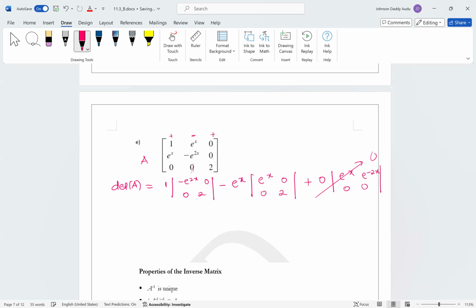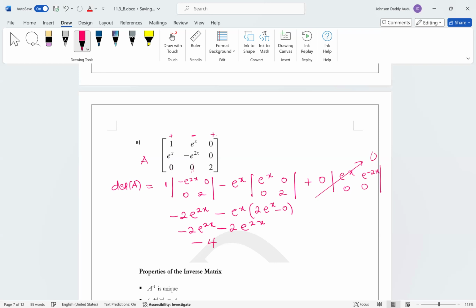Now this you can find, this is just minus 2e^2x minus 0, right? Then minus, there is an e^x here, but here you will have also e^x minus 0. So this is minus 2e^2x. And then this would become minus 2e^2x as well.